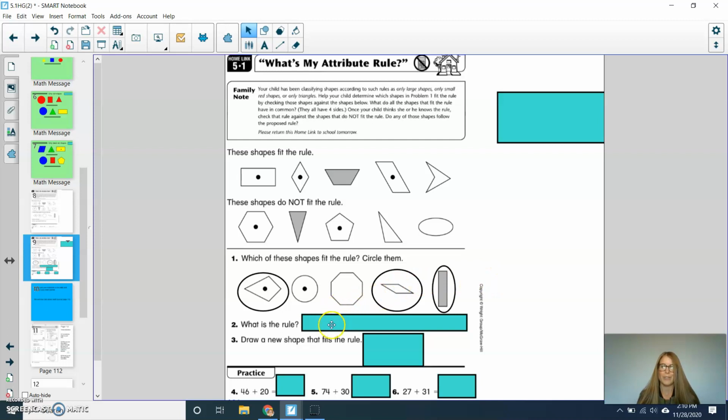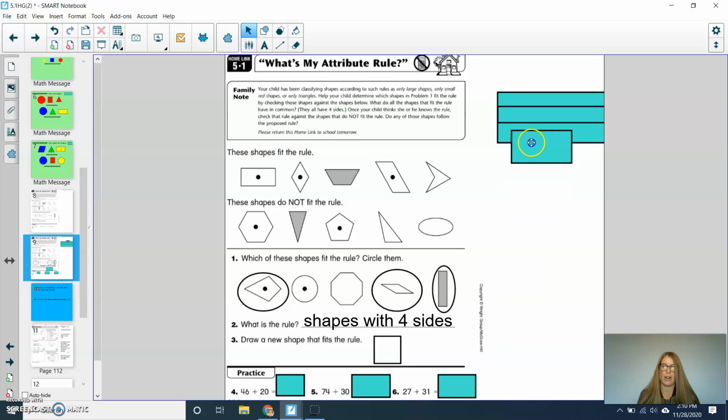Now, what is my rule? You should have said something like shapes with four sides, or you could have just written down four sides. And then name a new shape that fits the rule. I chose to draw a square. You could have drawn a square too, or you could pick something else. We'll work more on attribute rules in future lessons.